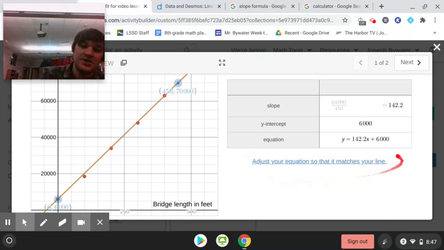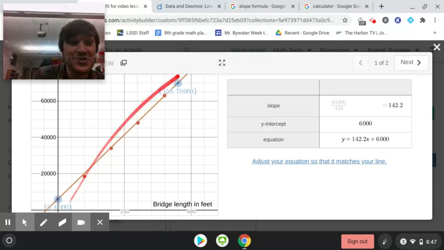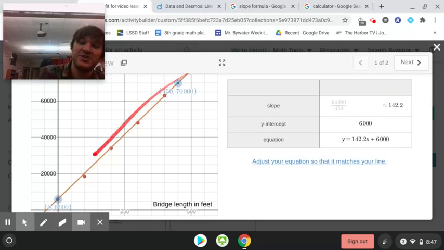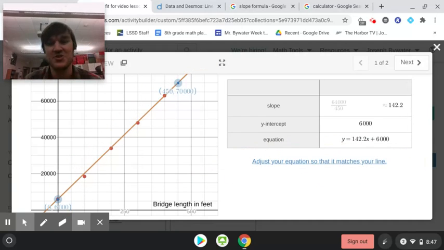So it's telling me I need to adjust my line, except I can see that I don't actually need to, because this line turned orange. So I know I'm actually good, which is a tiny bit frustrating that that's not working perfectly, but oh well. Anyway, that is how I am going to write an equation. I'm going to find a slope, I'm going to find a y-intercept, I'm going to type an equation, and then the graphing part works, but this part may not work, just so you know.